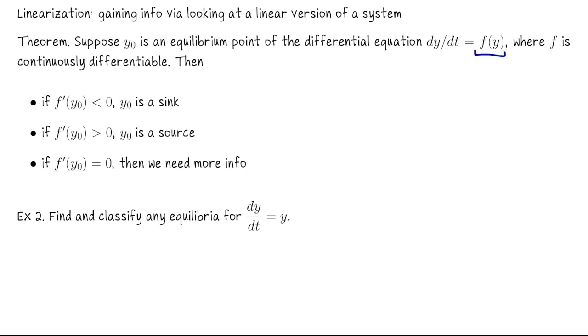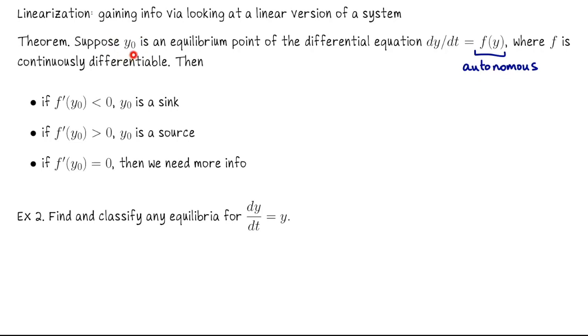So here this right-hand side indicates that we have an autonomous system. Okay. So if we have a differential equation, dy/dt equals f of y, that's just the right-hand side of our differential equation, and we assume it's autonomous, it only depends on y.